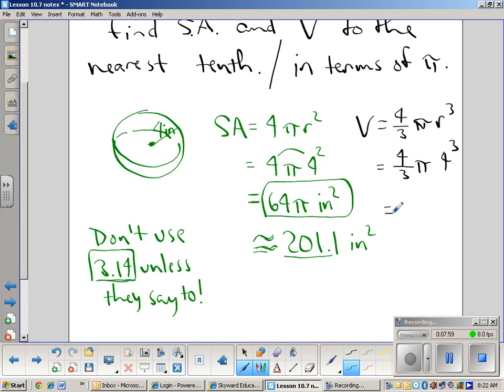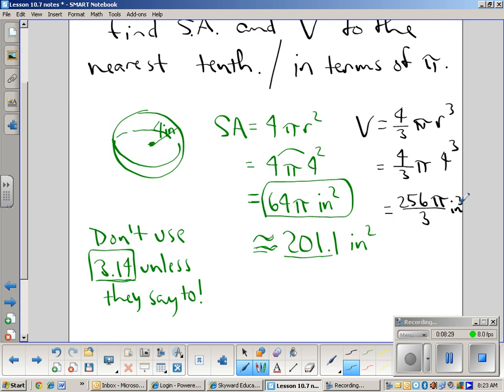Times 4, 256. You can write it as 256 over 3 times pi, or you can write it as 256 pi over 3 inches cubed. That would be the exact value.